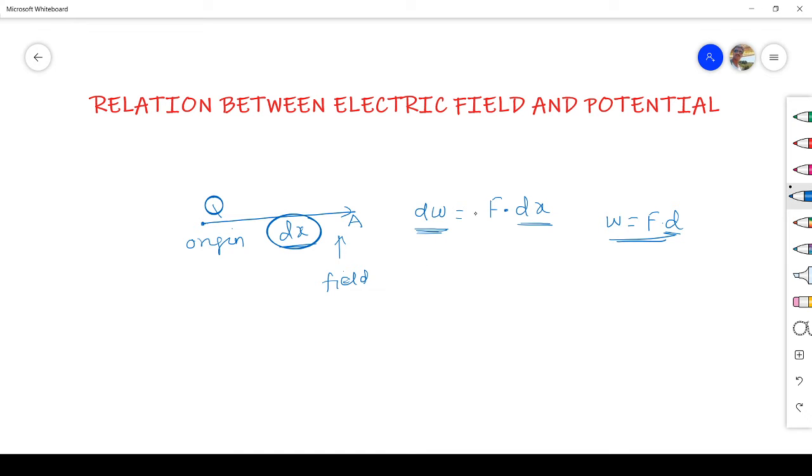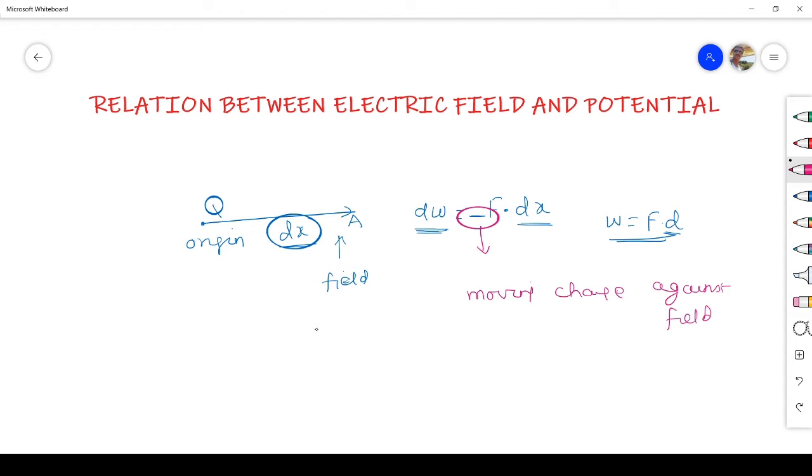Now I put a negative symbol. Why this negative symbol is very important? Why am I putting the negative symbol? Because I am moving the charge against the field, right? So that means I am doing work against the field. So that negative sign indicates that only.